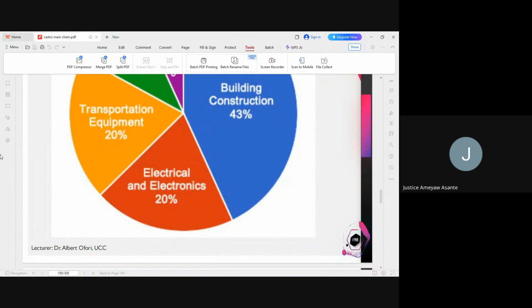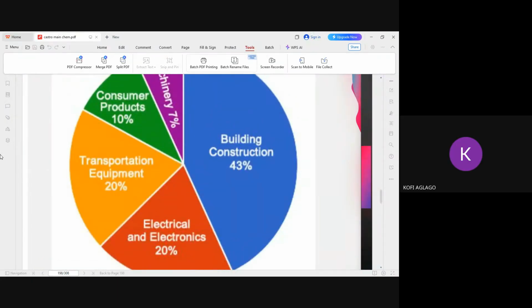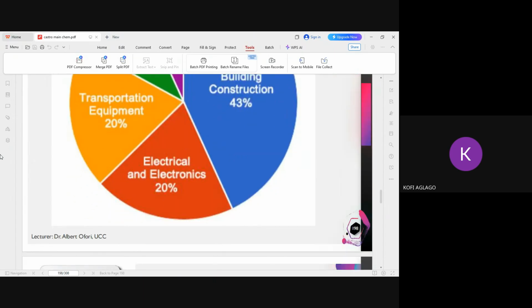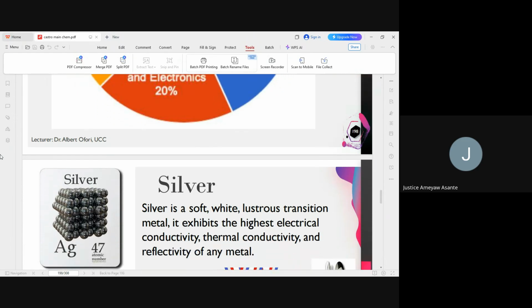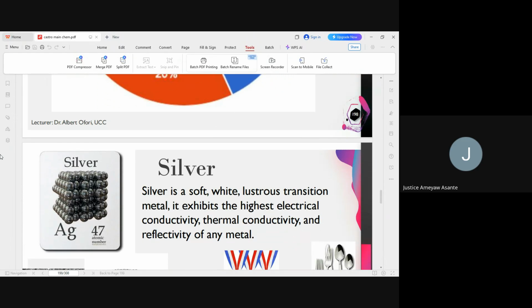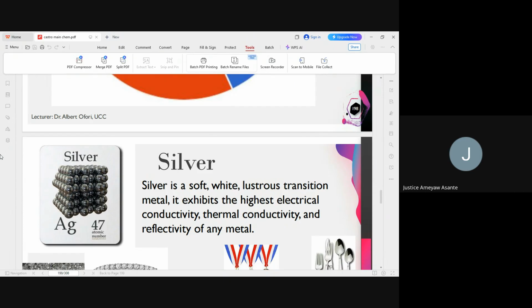So they are obtained from the ore. Since we are not taking it completely, that's why I'm not saying a lot of things about it. It's not even reactive, so you know it. That is why it's used as an ornament. Copper, gold, and silver, they are not reactive.